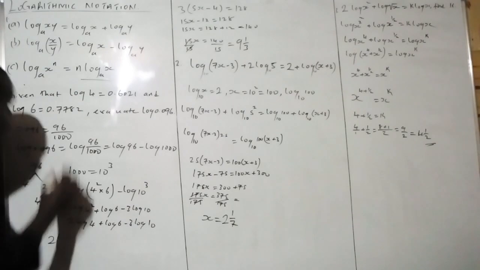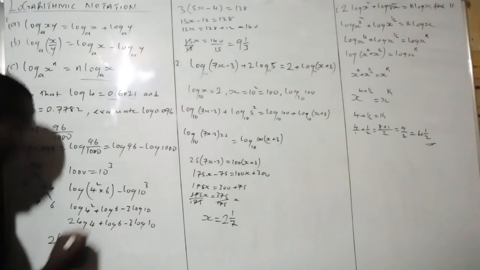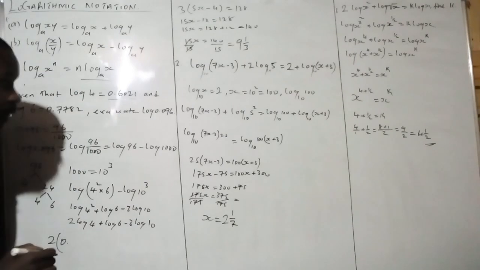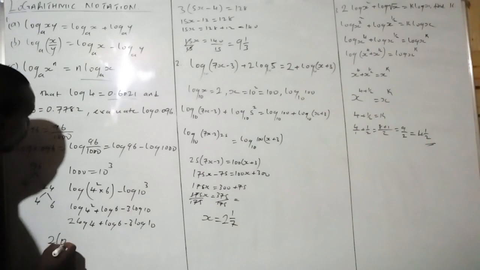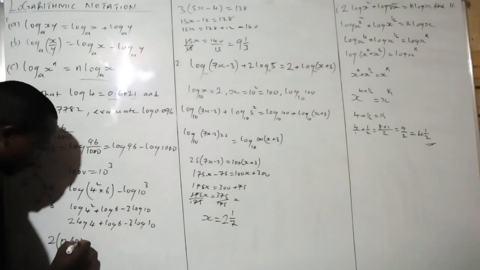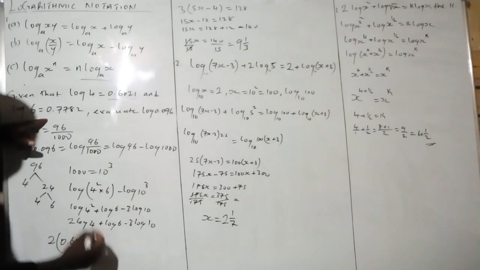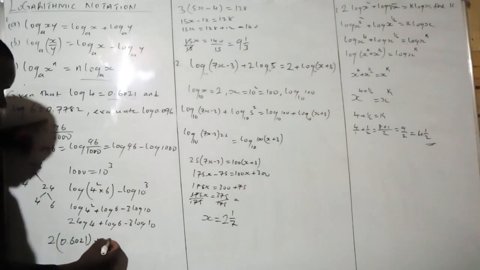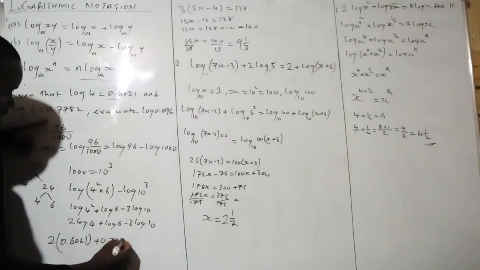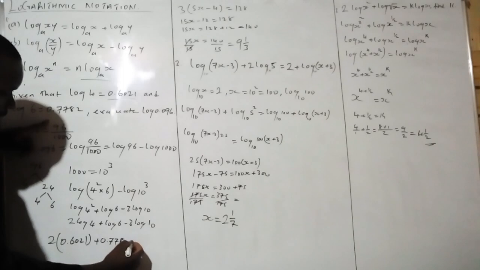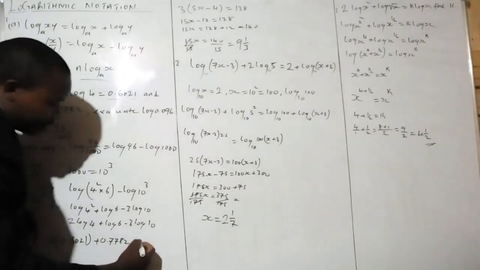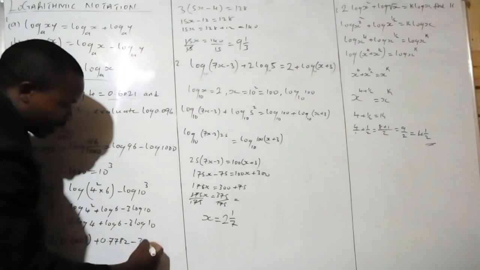Log 4 is here, you substitute 0.6021. Remember, you are not supposed to use a calculator. 0.6021 plus log 6, it's here, plus 0.7782, minus 3, because log 10 is 1, and 3 times 1 is 3.